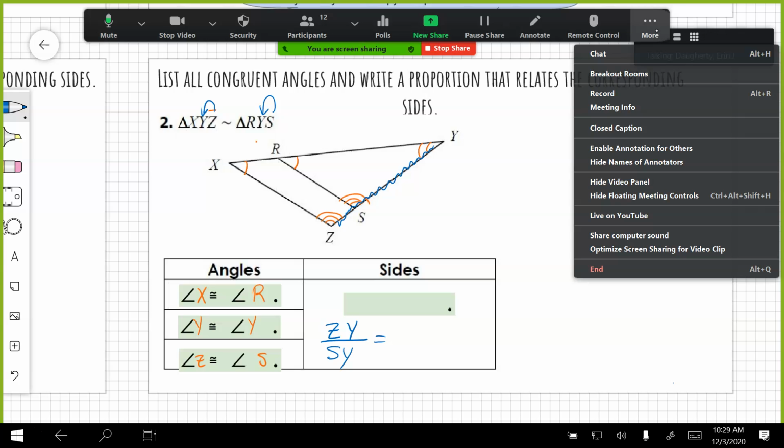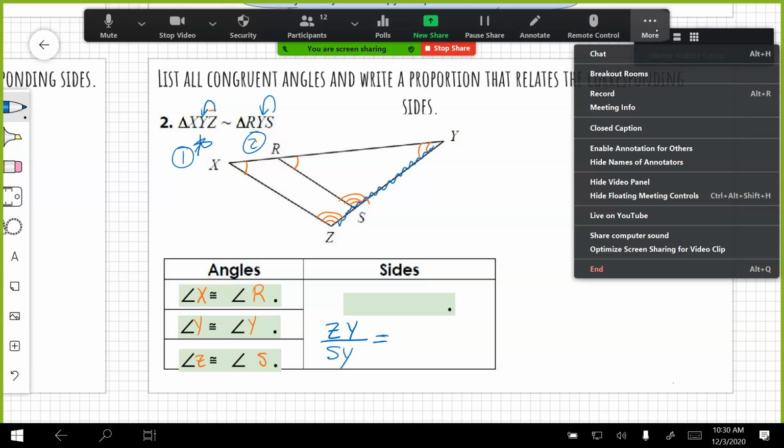Hey, Natalie, can you help me out as far as what's the next side relationship here that we can make? Okay. So would it be like SY? Because we started with ZY, this is going to be our numerator. So that's going to be on top and this is going to be on bottom. So this is the first and the second.